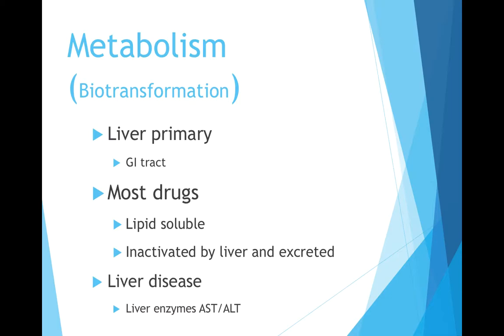People who have liver disease tend to have very high chances of drug toxicity in their body, so we have to be very careful about that. We always want to look at a patient's liver function by reviewing liver enzymes, as you can see here. The ALT and the AST are the most common ways for us to monitor that.